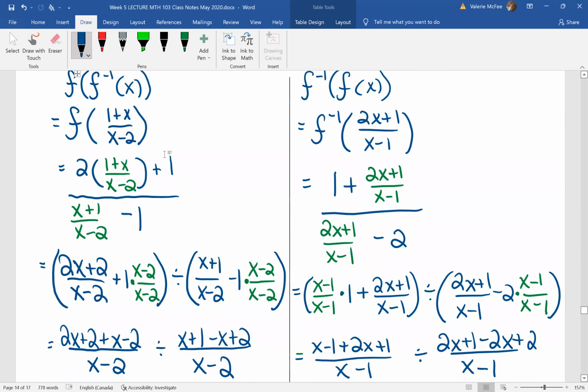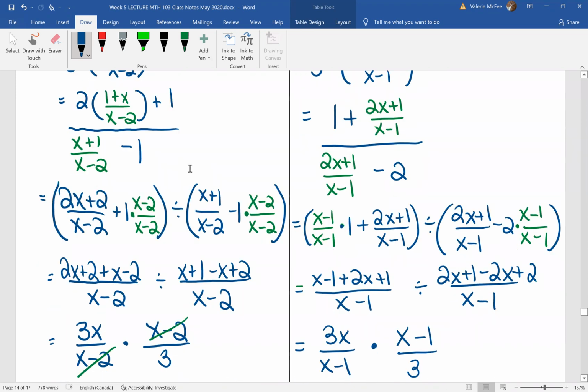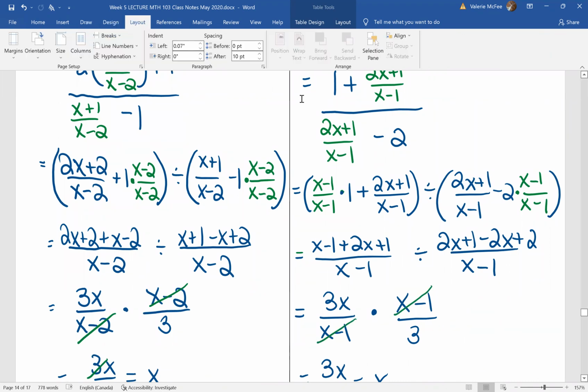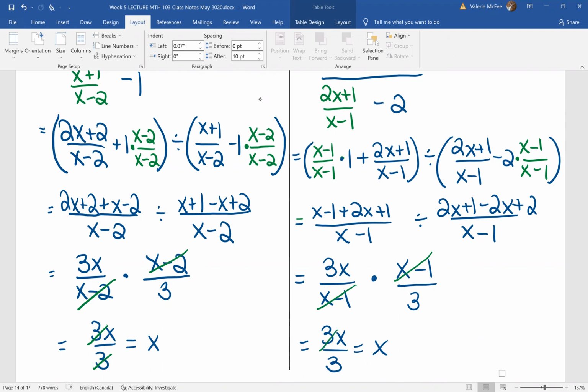We wrote this as a horizontal division question and then over a common denominator. We found that x minus 1 is common. And then 3 is common. It equals x. So we did this whole question correctly. We did find inverse functions.